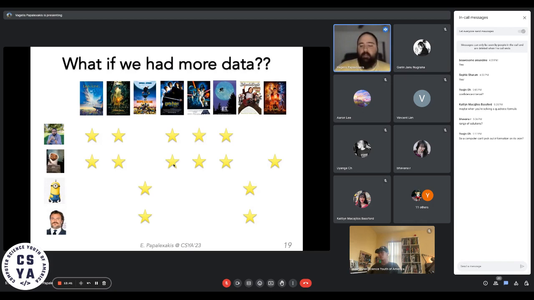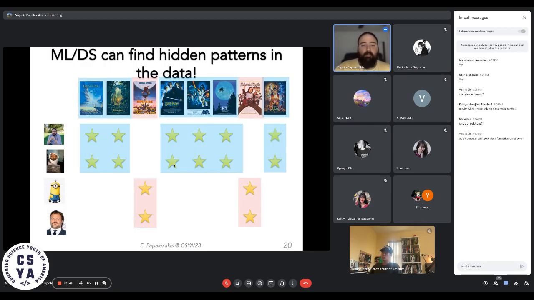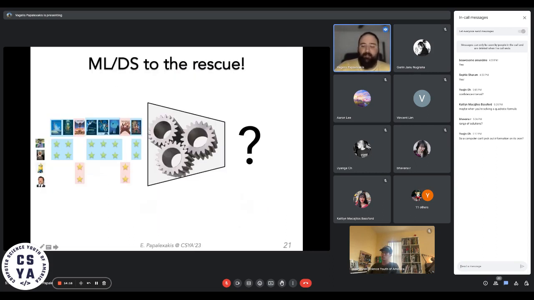And if we look a little more closely to see what patterns may emerge here, if I color those movies and stars in blue and pinkish, then you can see that those blue movies are sort of similar in terms of maybe being adventures, and those other movies are maybe sort of comedies, right? And so, in fact, you can say there's only 2 things going on here, and those 2 things are adventure and comedy.